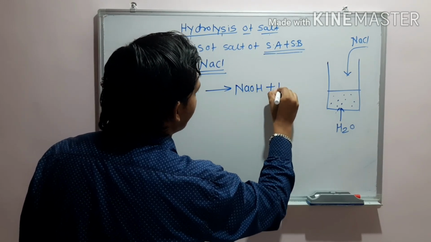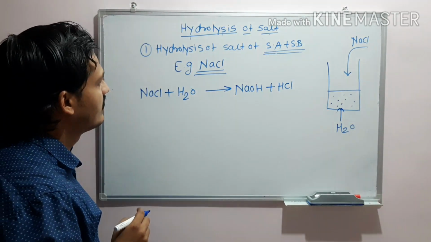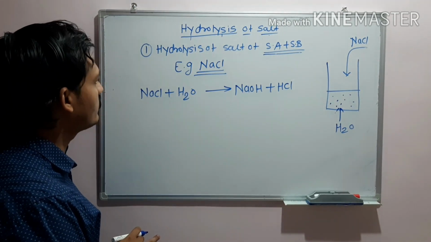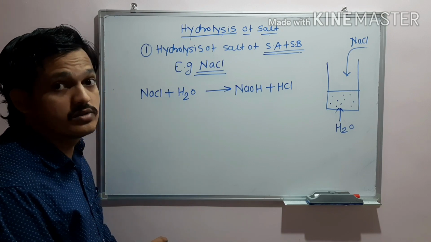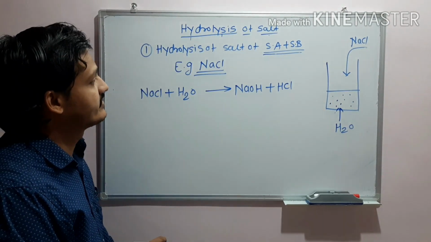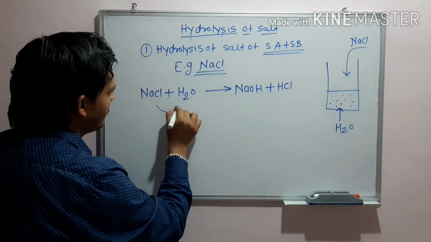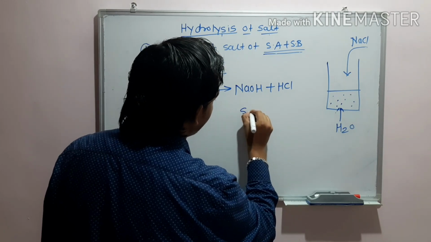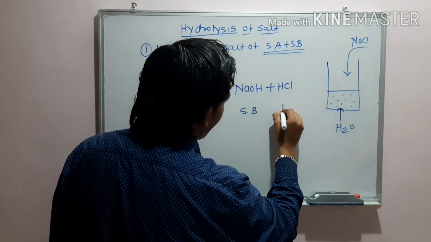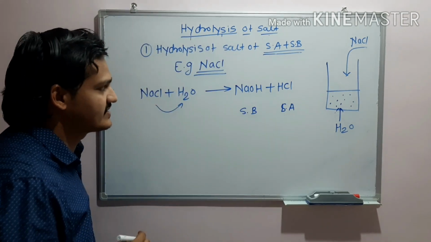Now, please recall the rule regarding this, because if I add NaCl in water, the product is NaOH, that is a strong base, and the product is HCl, that is a strong acid.